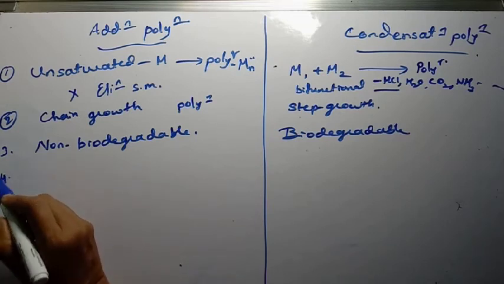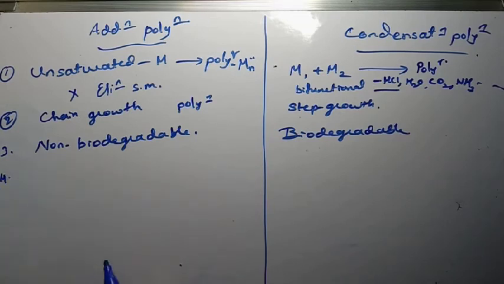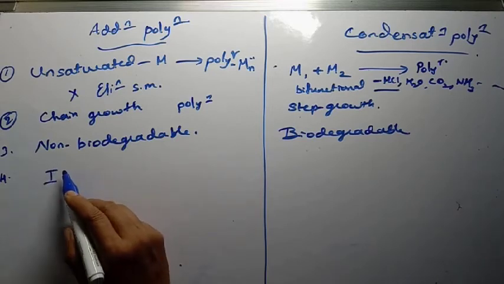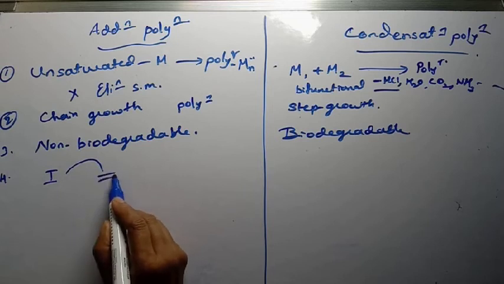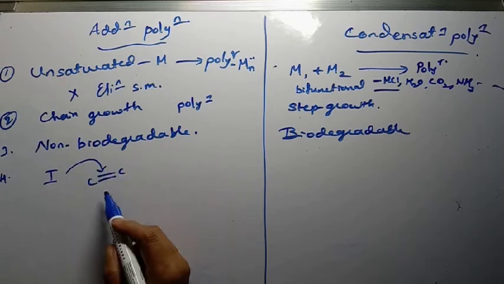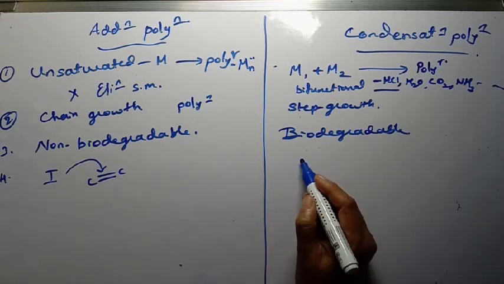And the fourth point is that here usually the initiators attack the monomer across the double bond, but in condensation there is no such situation.